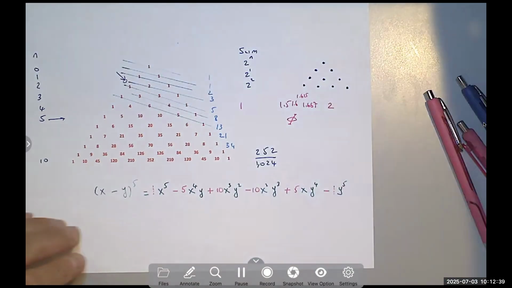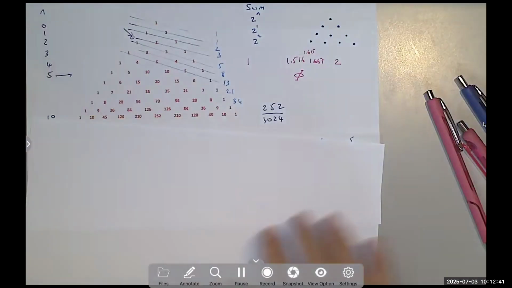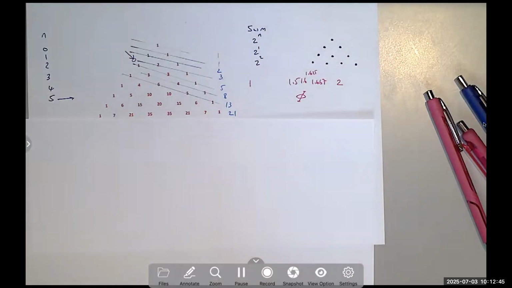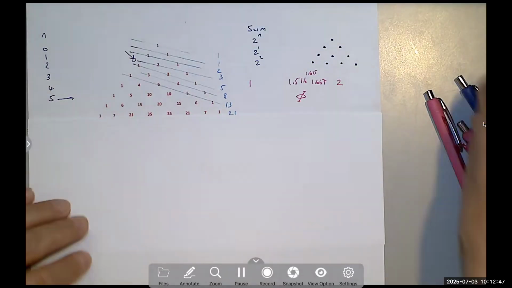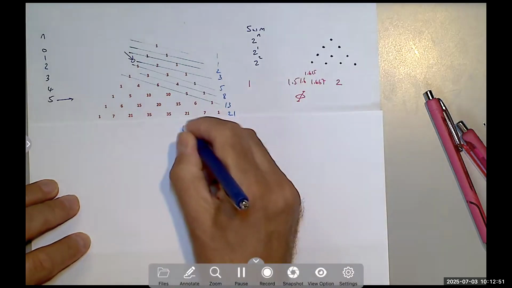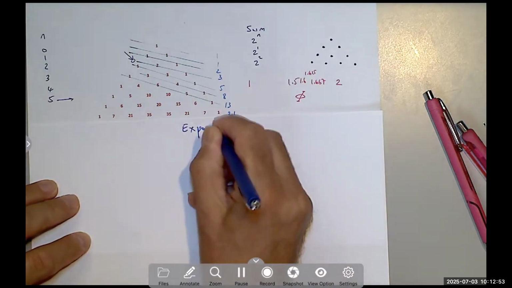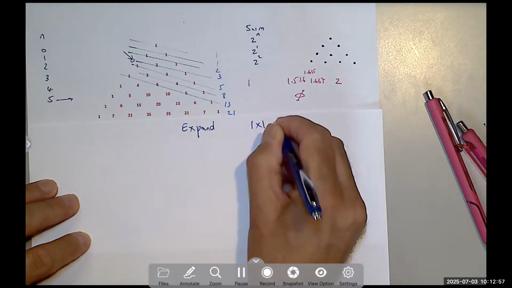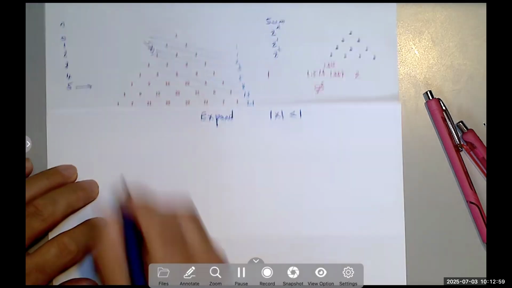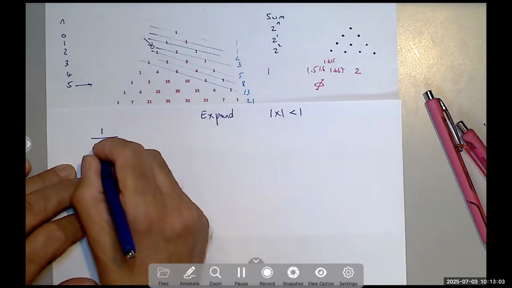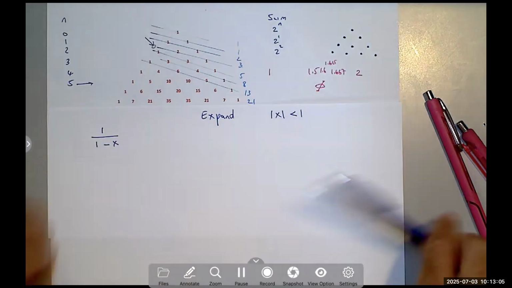Now, let me get another piece of paper, and I'm going to assume x is any fraction between 0 and 1. And I ask you, expand the following, where the absolute value of x is less than 1. What is 1 over 1 minus x?